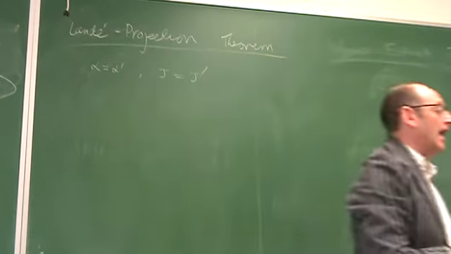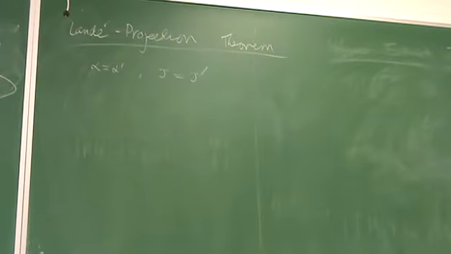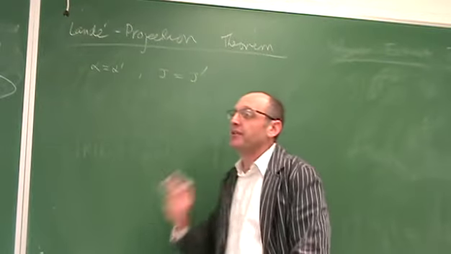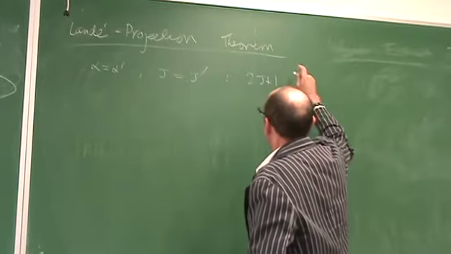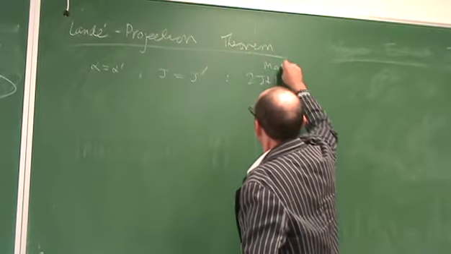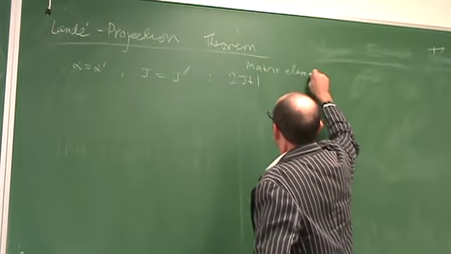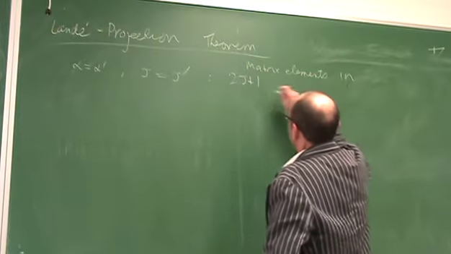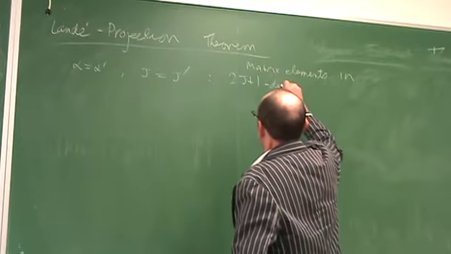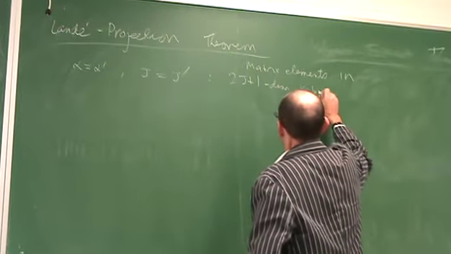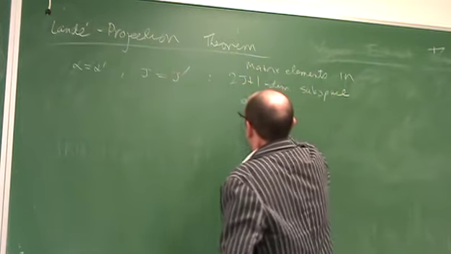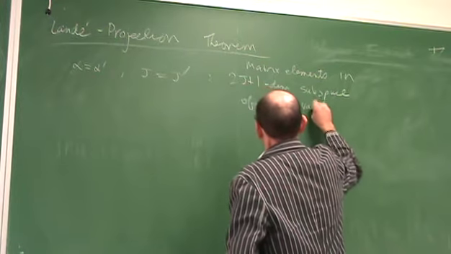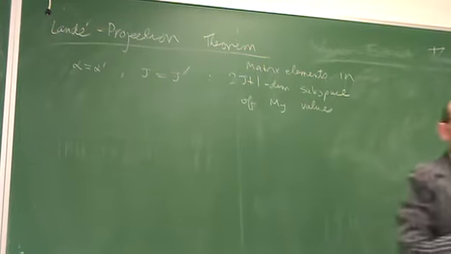So I'm looking at the matrix element of some tensor operator restricted to the 2j plus 1 dimensional subspace of mj values. Okay?